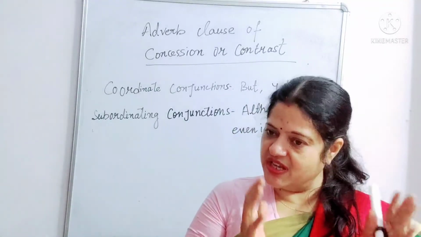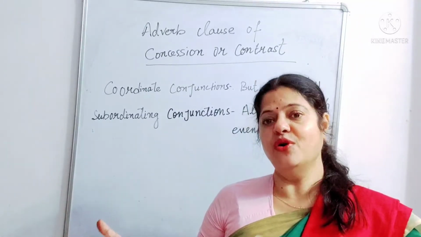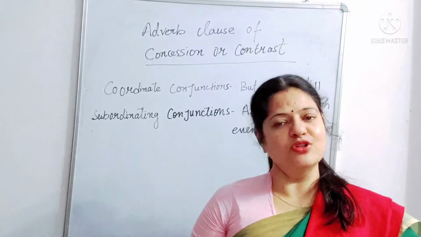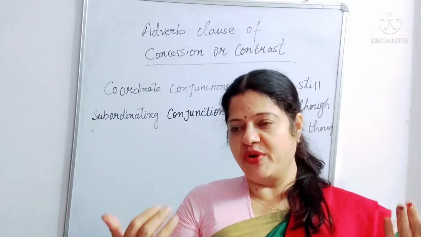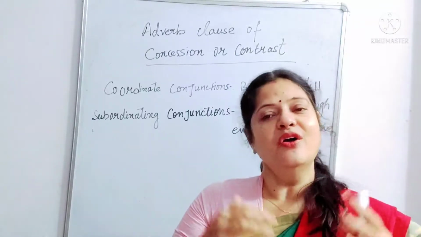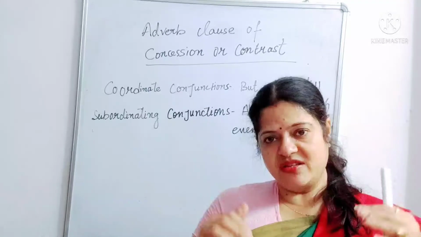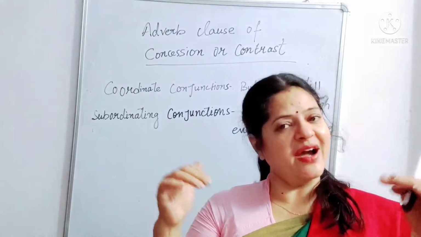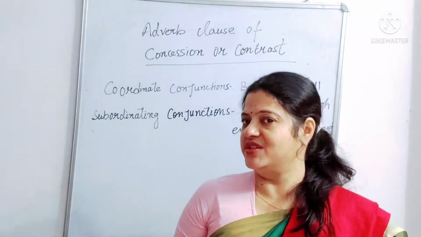So if such a situation comes in the adverb clause also, we will call it adverb clause of concession. It means that two different, contrast ideas come together in this clause.